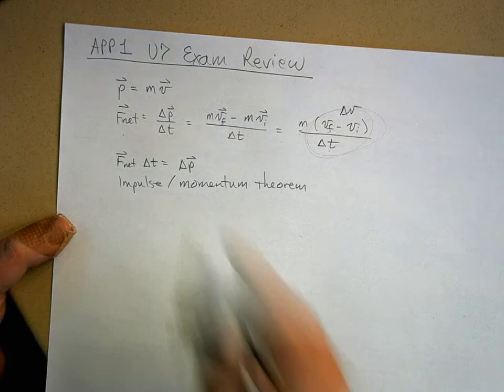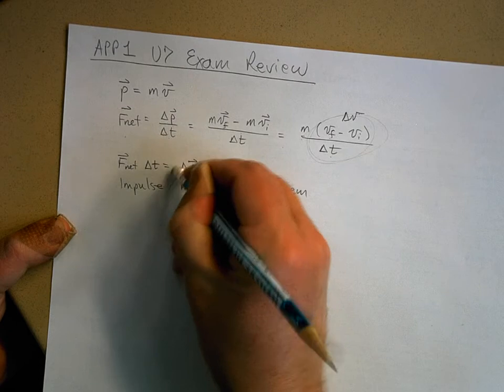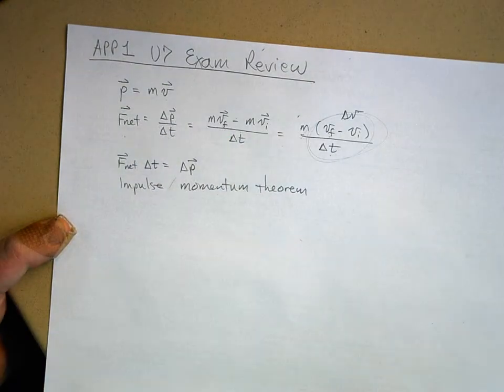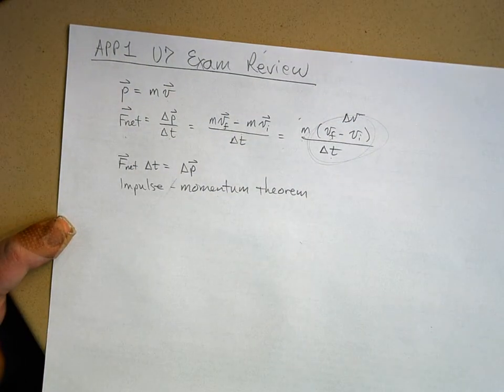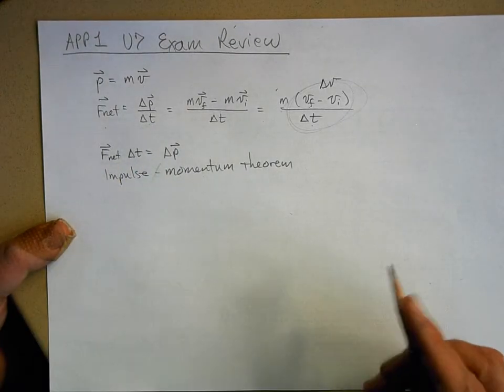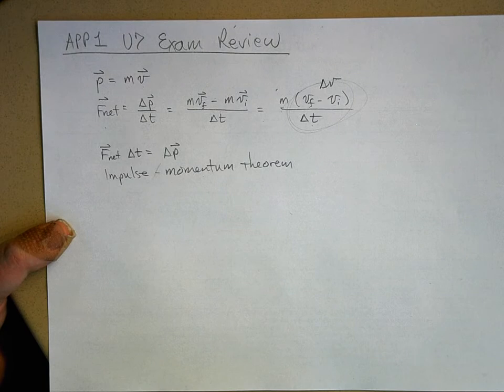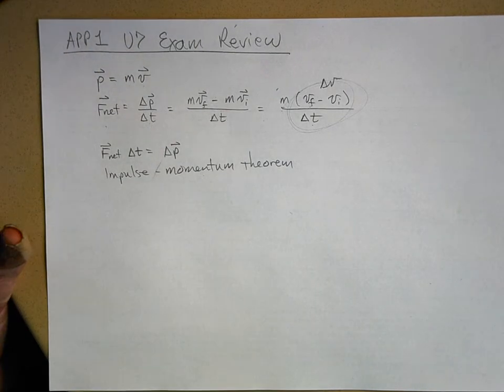It says, force times time, we define that to be impulse. Delta p, we define that to be a change in momentum.